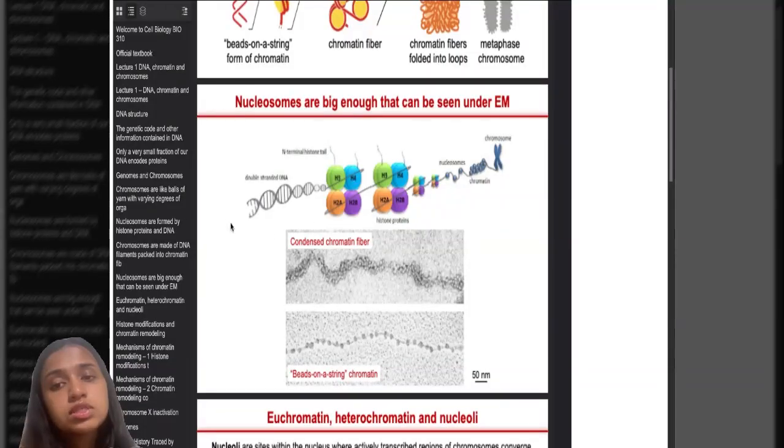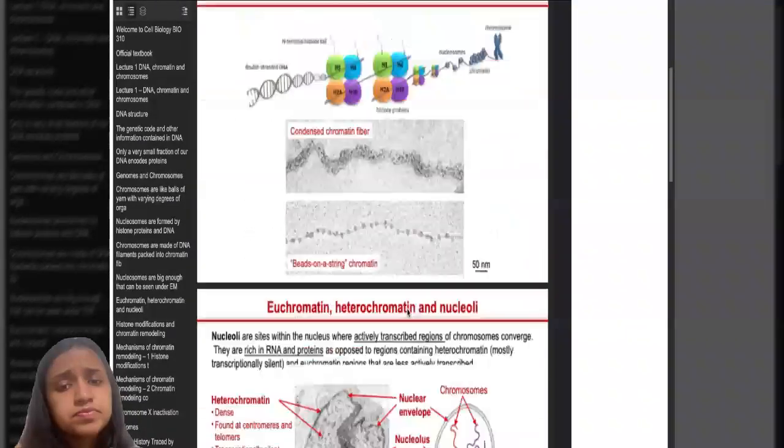So you see that here, where there's a condensed chromatin fiber, where you have all these DNA filaments making a chromatin, and then the chromatins being packed together, and then you have the chromatin fiber, and then you have the beads on a string chromatin, which is much thinner and is just essentially before all that integration happened, and you got the condensed chromatin fiber.